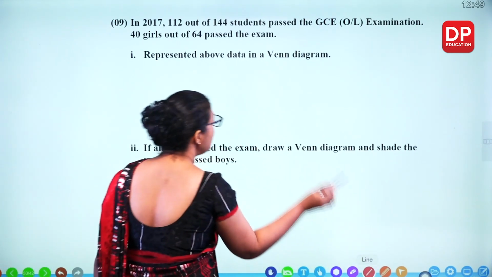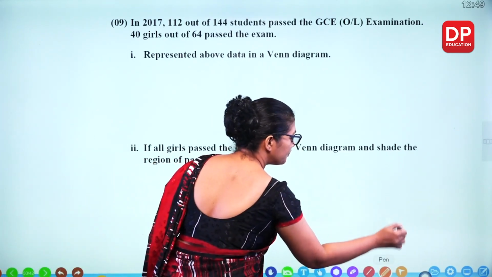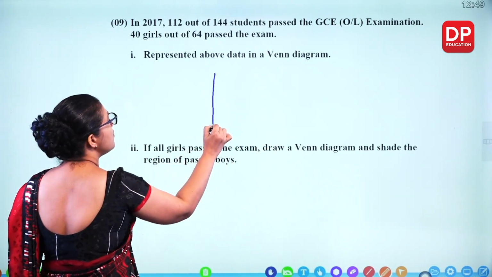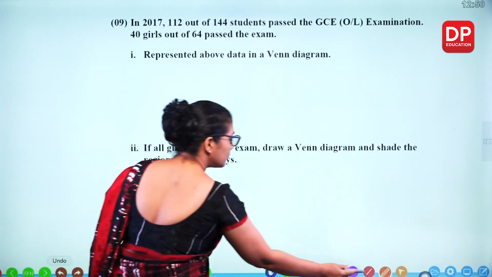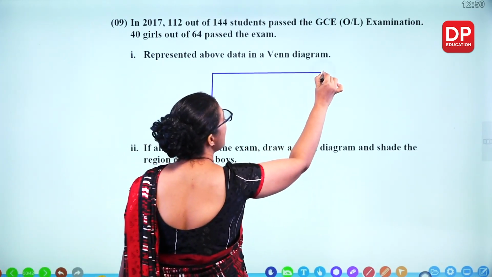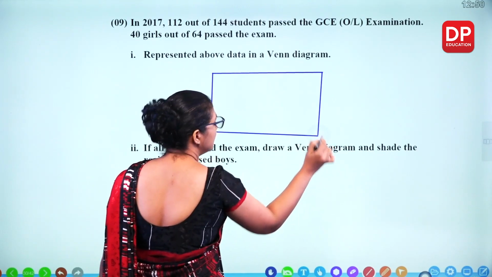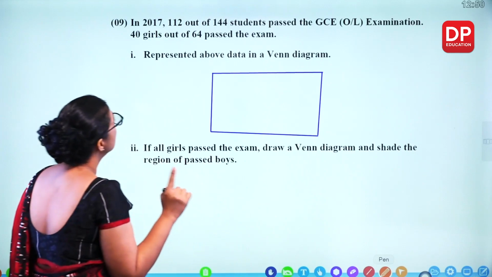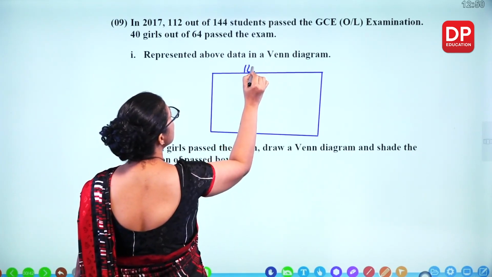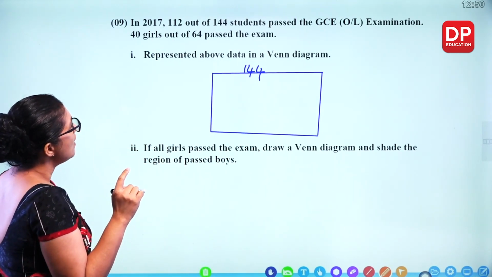So to draw the Venn diagram, you need the rectangle first. Then you can mark, this is 144 altogether. 144 students took the GCE O-level examination.